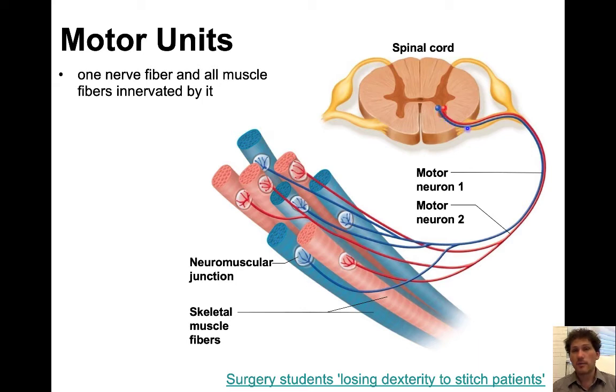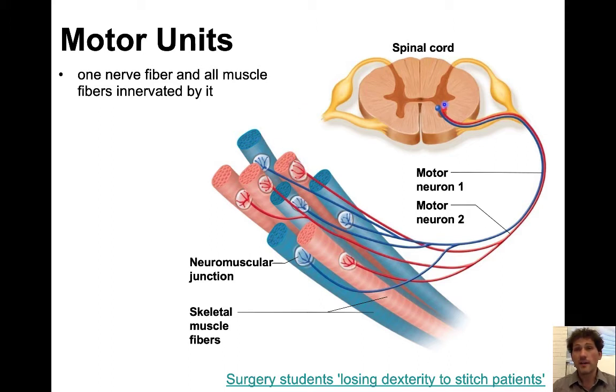If we follow the blue one out through that anterior root into our spinal nerve, that motor neuron, which we can call motor neuron 1, is going to branch out to a muscle fiber there, and a muscle fiber here, and a muscle fiber here, and another muscle fiber over here. So this blue neuron is going to innervate these 4 blue muscle fibers. If an action potential is sent down a neuron, which is how these work, it's going to stimulate and excite these 4 muscle fibers.